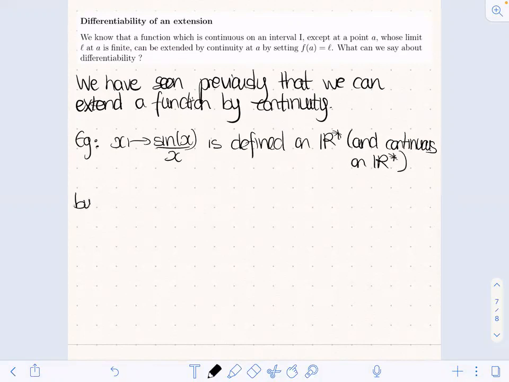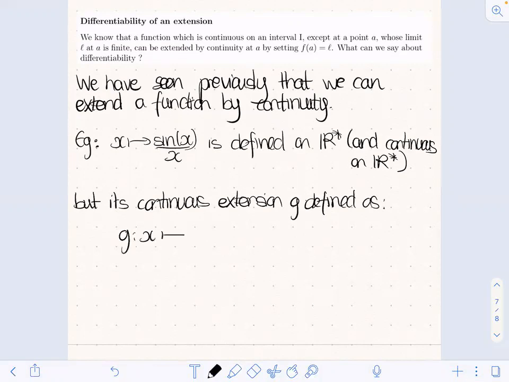But its continuous extension that we can call G, defined as G maps x to sine of x divided by x on R star, 1 for x equal to 0.